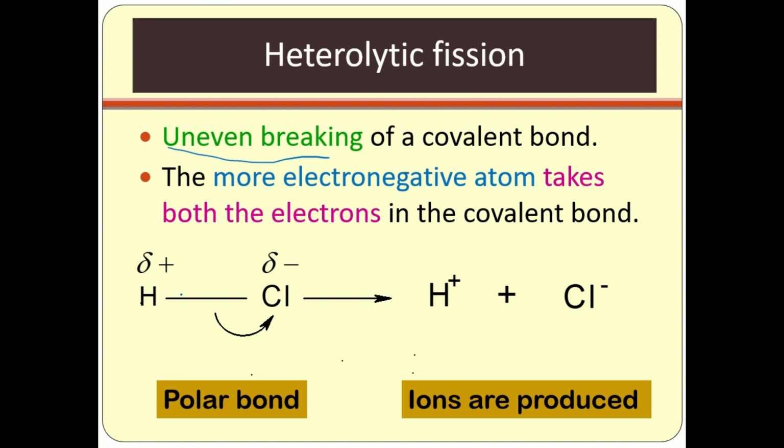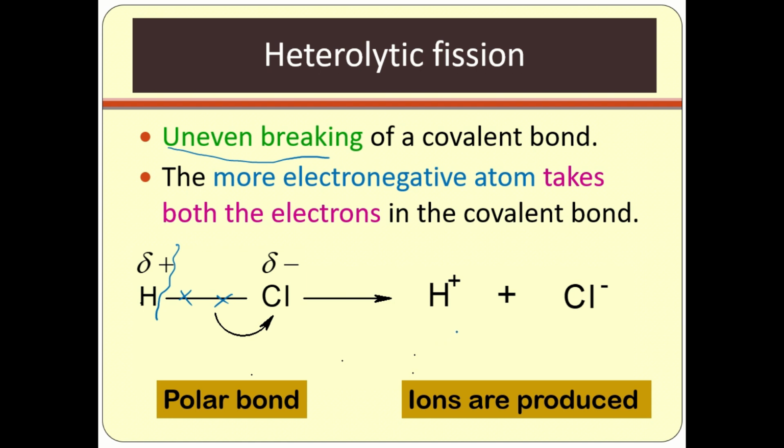Between H and Cl, there are two electrons. A covalent bond always consists of two electrons, right? So when uneven breaking of this bond happens, chlorine, as the more electronegative atom, will take both the electrons away, leaving hydrogen without any electron.